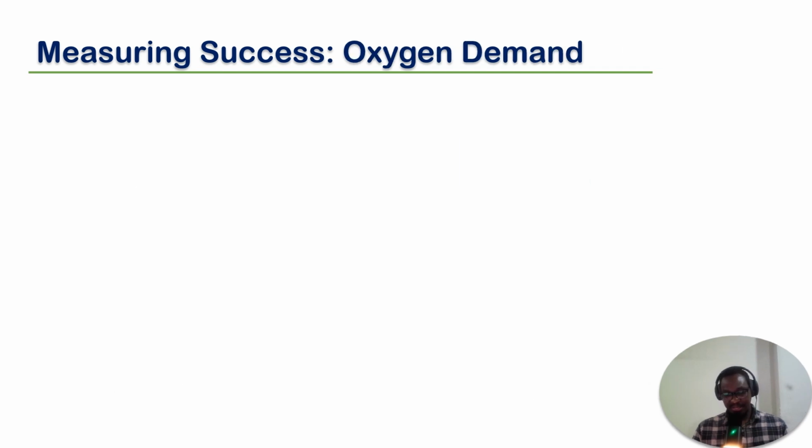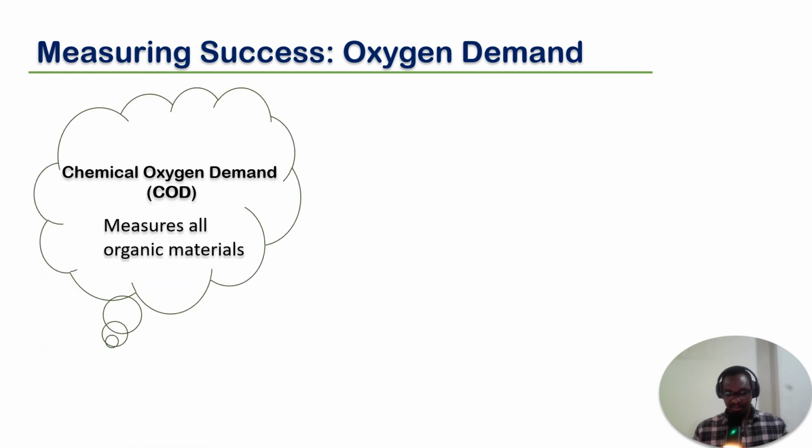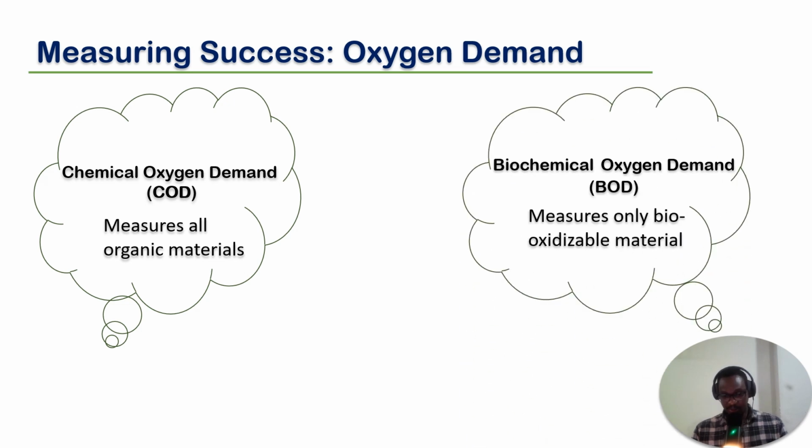Another success measure we can look at is to do with oxygen demand. Here, we look at it in two aspects. There's the chemical oxygen demand, which measures all organic material. Then you have the biochemical oxygen demand, which measures only bio-oxidizable material.